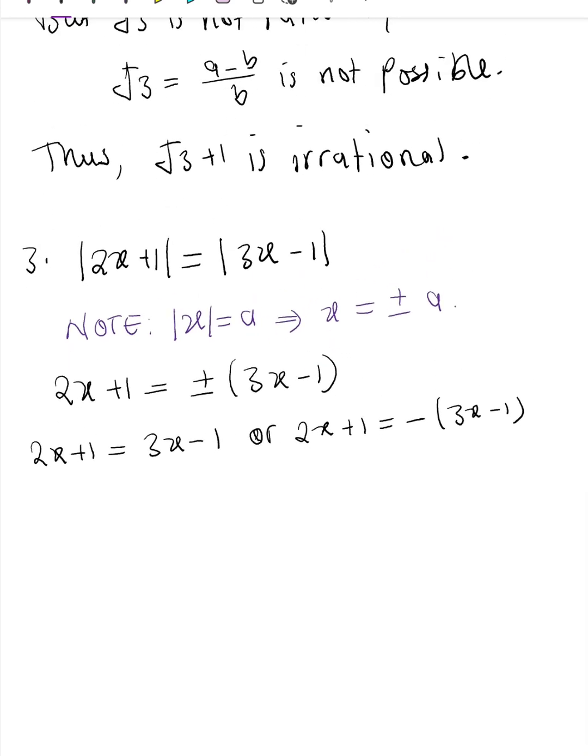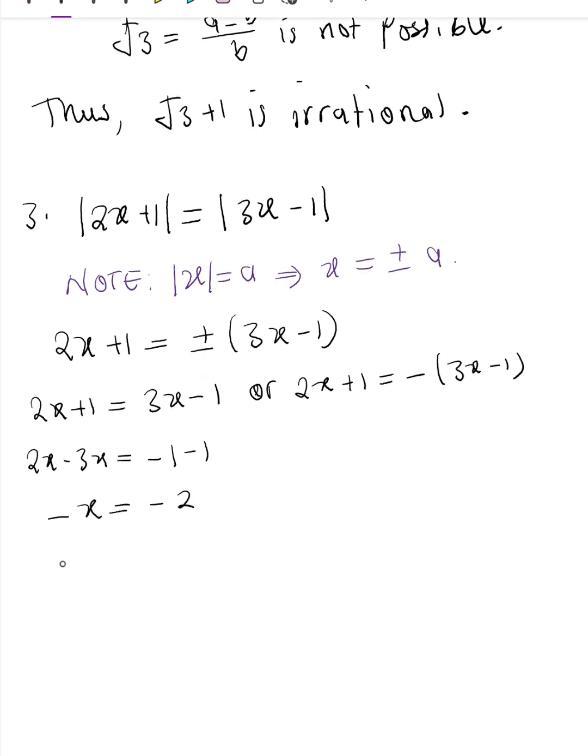I can subtract 3x both sides so that we have 2x minus 3x is equal to, subtract 1 both sides, negative 1 minus 1. So this is negative x is equal to negative 2. Divide throughout by negative 1, x is equal to 2.